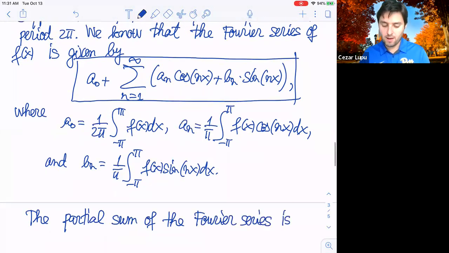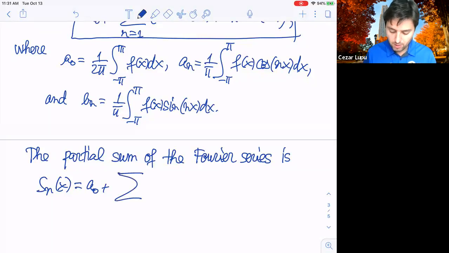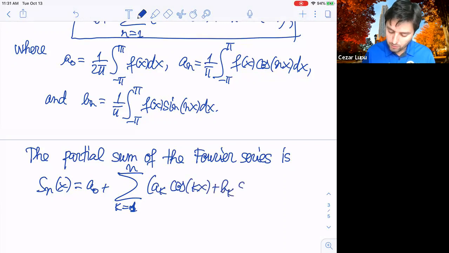Let's call it Sn, from partial sum, which is nothing else than just a0 plus the sum from k equals 1 to n of ak cosine of kx plus bk sine of kx.